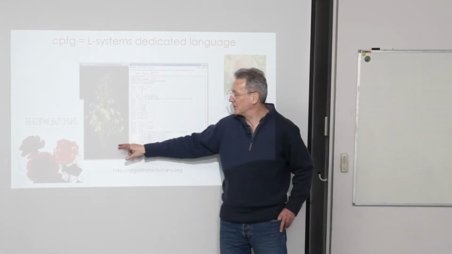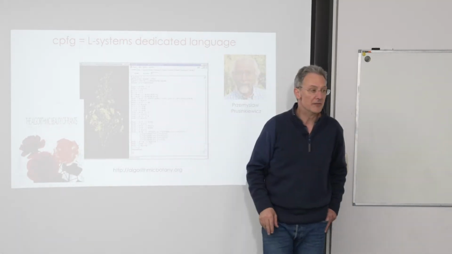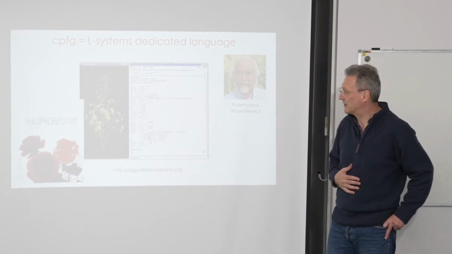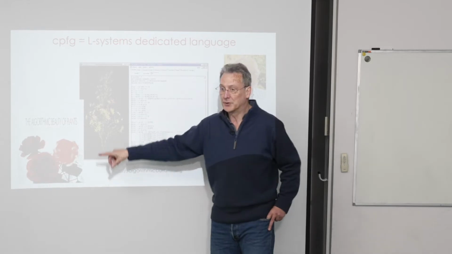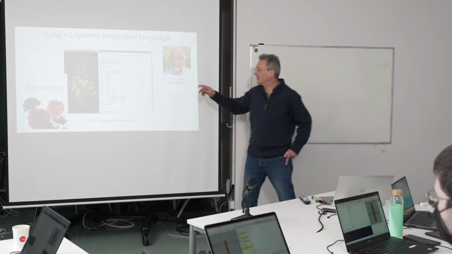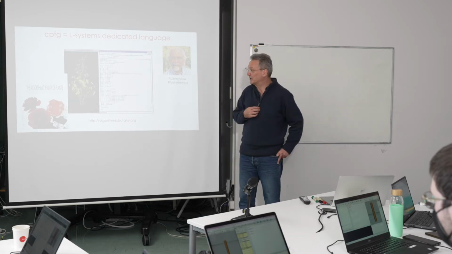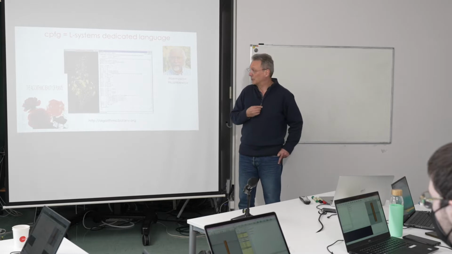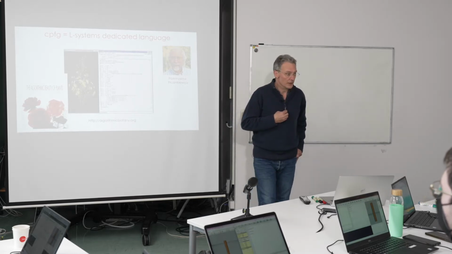And you see that already at that time, you could make very beautiful rendering of plants. All this was described in a famous book on using L systems for modeling plants, written together with Aristid Lindenmayer, and published in 1990.